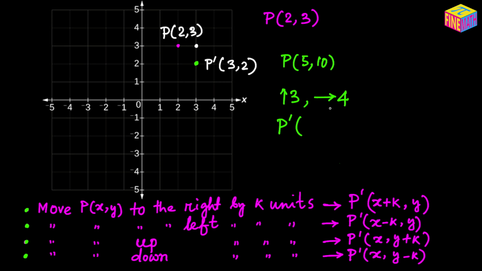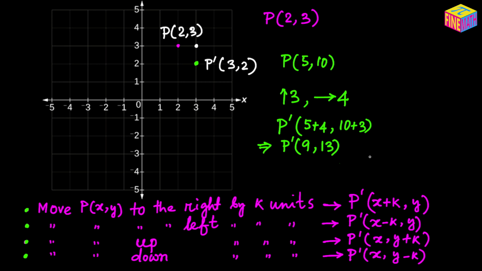Well, we are moving it to the right, meaning positive x direction, by 4 units. So it will be 5 plus 4, which is 9 actually. So let me just write 5 plus 4. That is our new x coordinate. And then what would be the new y coordinate? Well, you see we are moving it up by 3 units. Our y coordinate location was 10. And now again we moved it up by 3 units, so now it will be 10 plus 3. So from here we say then the new location P prime would be 9, 13.